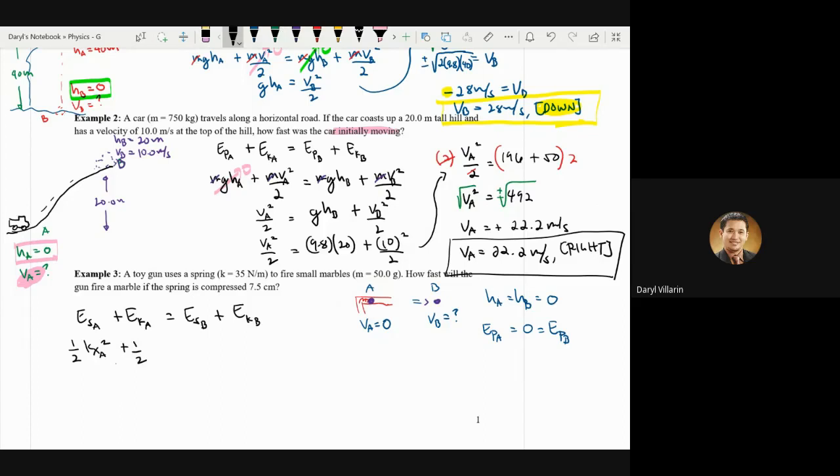Plus 1/2 m v_a squared is equal to the elastic potential energy at B, 1/2 k x_b squared, plus kinetic energy, 1/2 m v_b squared.